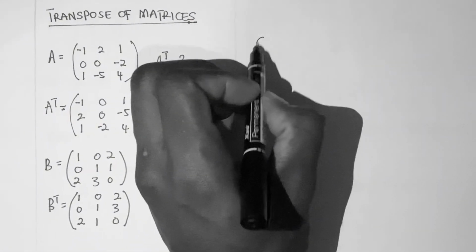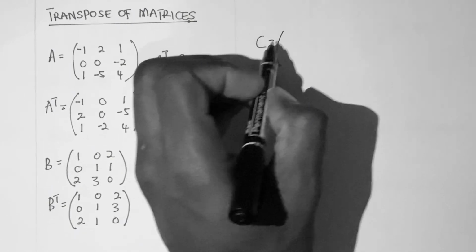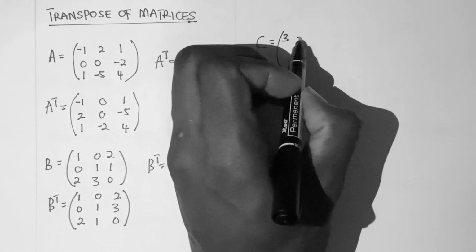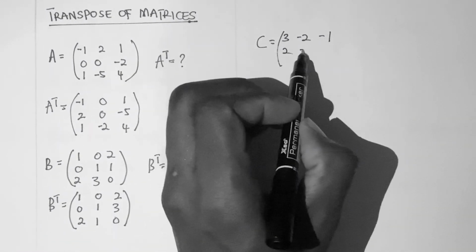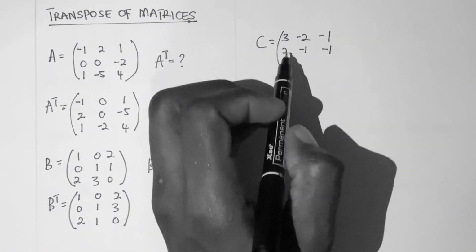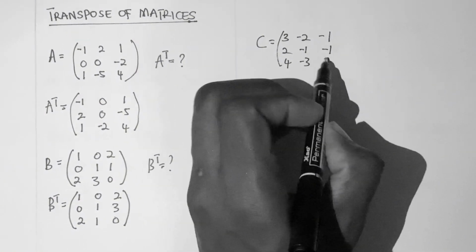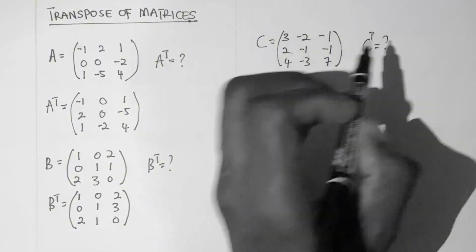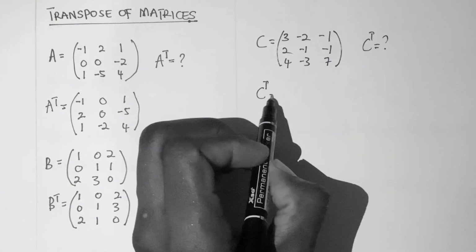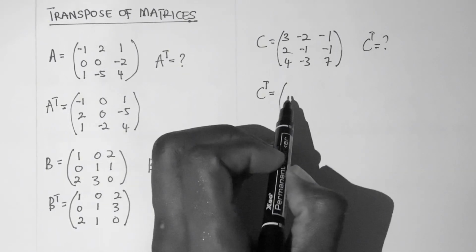And then we are given this matrix, which is matrix C, equals 3 minus 2 minus 1. And then 2 minus 1 minus 1. And then 4 minus 3, 7. We are supposed to find the transpose of C. So the transpose of matrix C is equal to, take the first row, turn it into the first column.